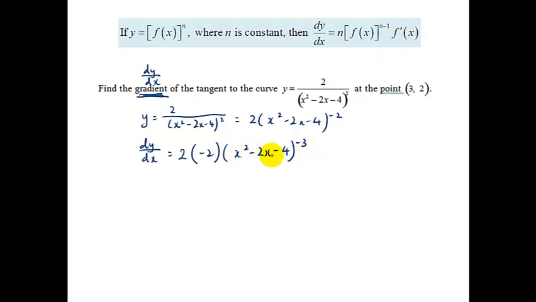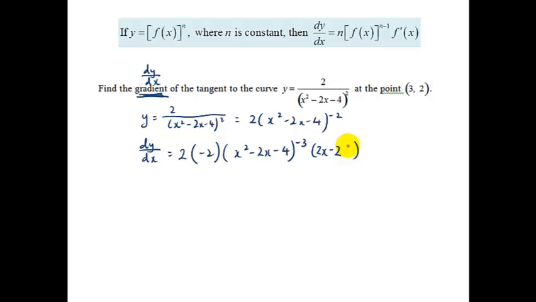So I need to go into the function here, and I need to differentiate term by term. x squared gives me 2x when I differentiate. Minus 2x differentiates to just minus 2. Notice that every time you have minus 2x and you want to differentiate it, since x is power 1, upon differentiation, all you need is to eliminate the x term and be left with the coefficient.